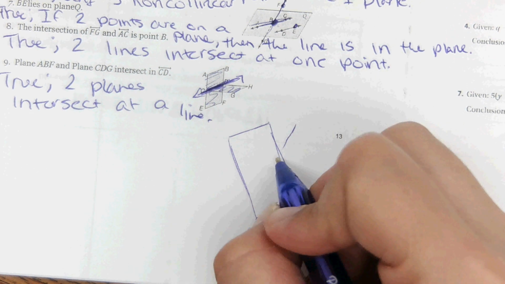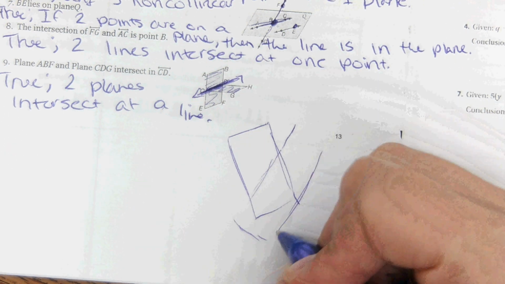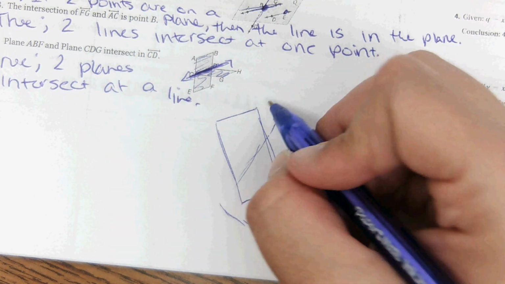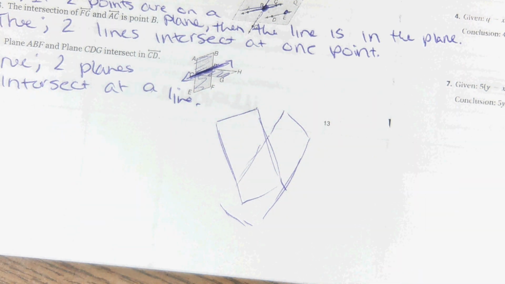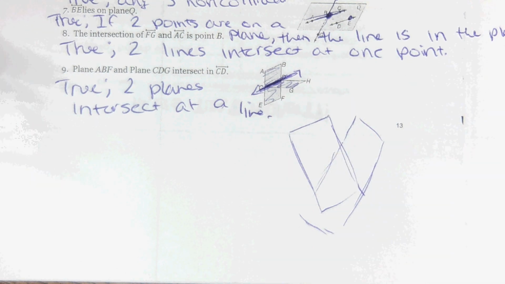So if I have 2 planes like, 2 planes right here. This isn't going to come out well. Okay, I'm going to try to show you with my arms. So 3 planes, like you could have 2 going this way and then a 3rd one in the middle, so they could all intersect at one line, or if they were going different directions, they would intersect at a point. So it depends on how the orientation was.